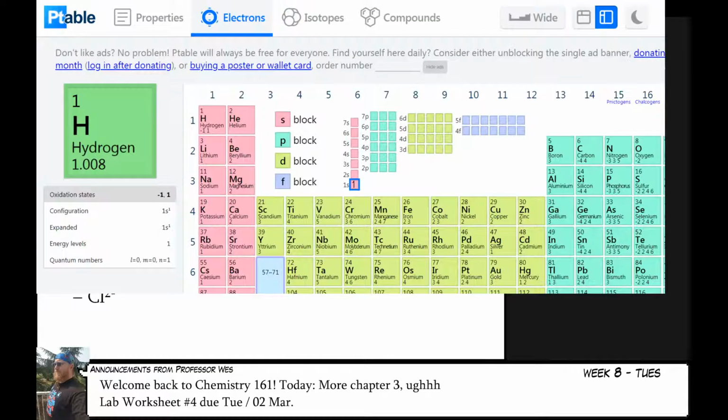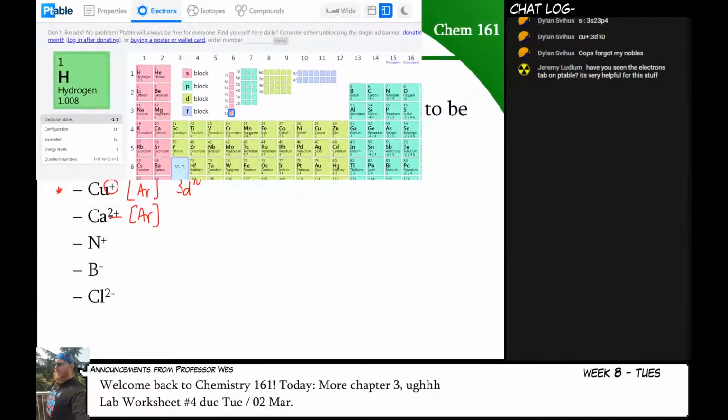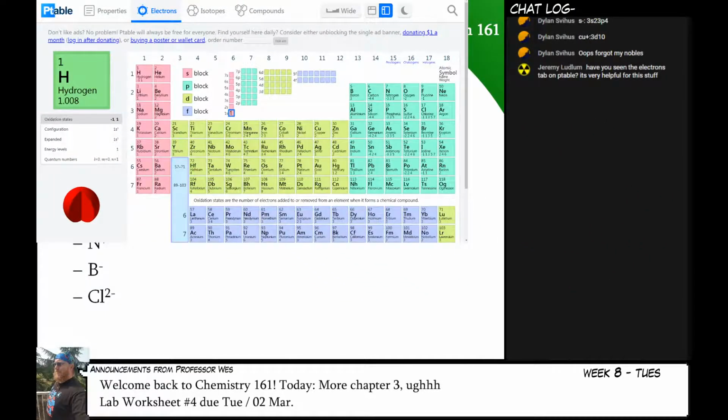I have to make it small, unfortunately, to capture all of this. But if you click on electrons up here, there we go. Clicking on these elements, why did it slow down like that? I see why, it's rendering the orbitals down here as I hover over them. So it's going to be really slow every time I hover over something.